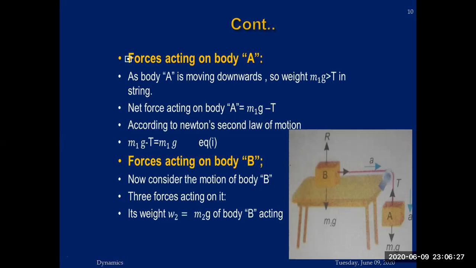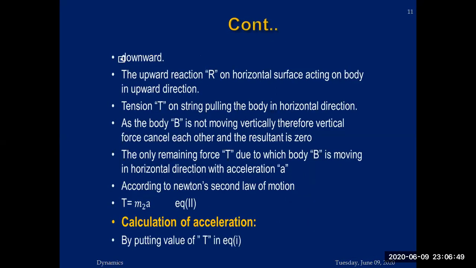If you can divide these two equations, get the value of one physical quantity. Or you can put the value of one quantity in the next equation, like this one, T is equal to m2a. You have placed the value of acceleration in equation 2, and you got the value of tension.